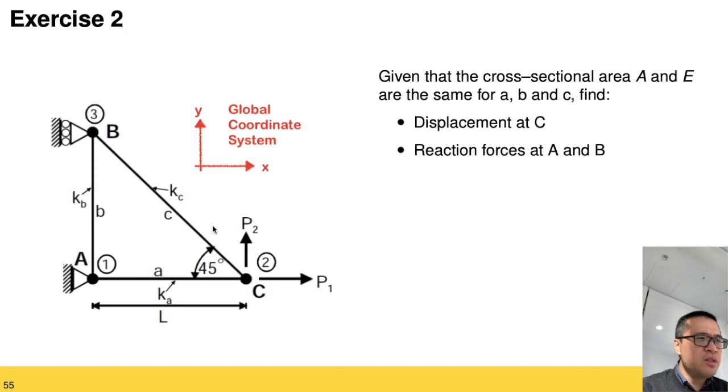We already know how to solve the stiffness matrix element for a truss element that's lying at an angle to the reference frame. The only thing you need to be careful about is that the angle given here is 45 degrees to the minus X direction. It's to this direction.